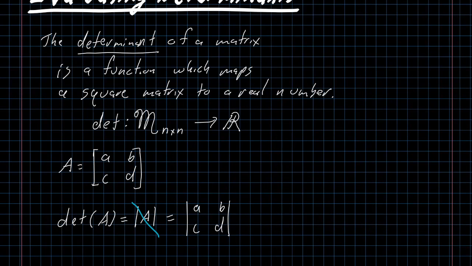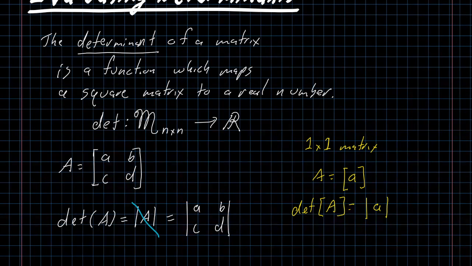That can get very confusing for a 1-by-1 matrix. Because the determinant of matrix A, well, we denote it with vertical bars and we write the arrangement of the matrix inside, and it looks like it says absolute value of A, but it doesn't. It says the determinant of A, and you get out the value of A.